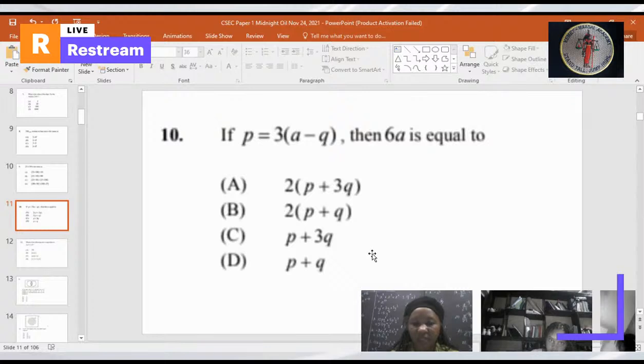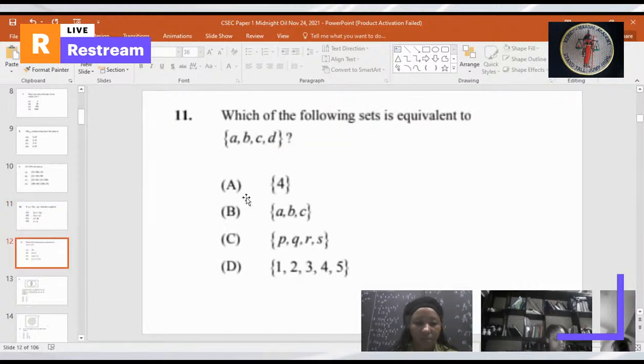And since it's 6A we want, it would be P plus 3Q times 2, so it would be A. Correct. The original thing would have given us 3A and we'd have to multiply that by 2 to get 6A.